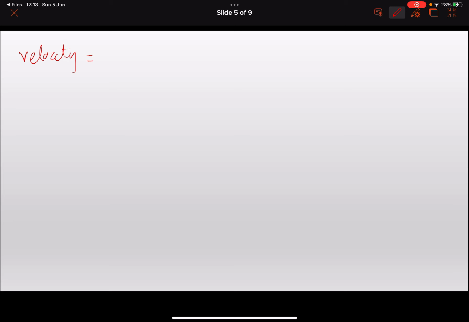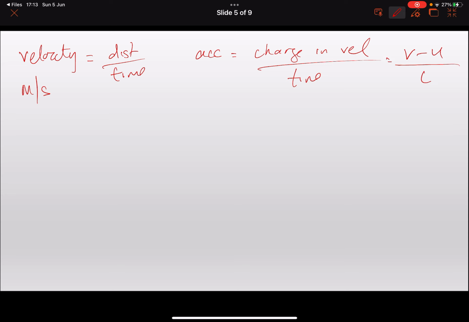Right, what about velocity and acceleration? Velocity is distance travelled over time, units are metres per second. Acceleration is the change in velocity over time, v minus u over t, where v is final velocity and u is initial velocity. Also, v squared minus u squared is 2 times a times x, where x is distance.